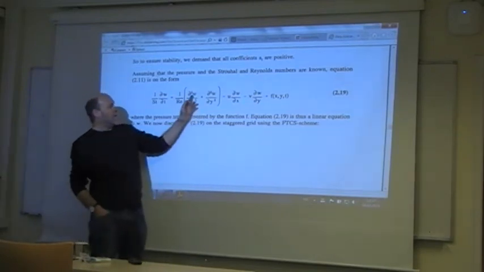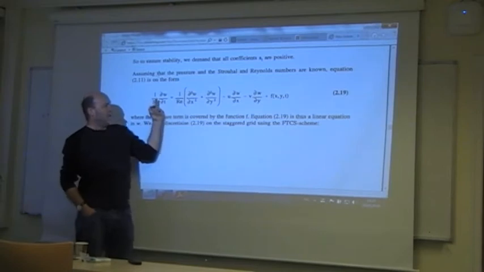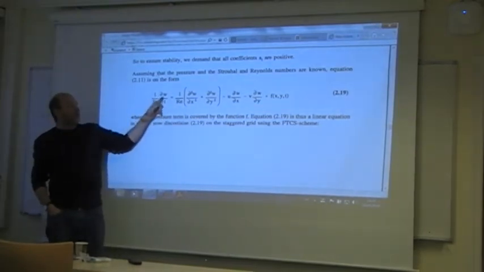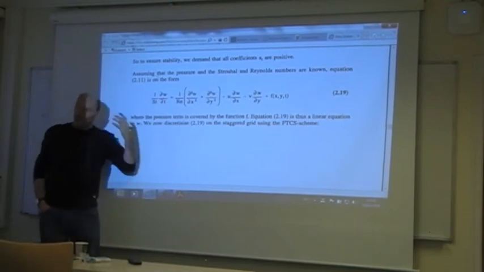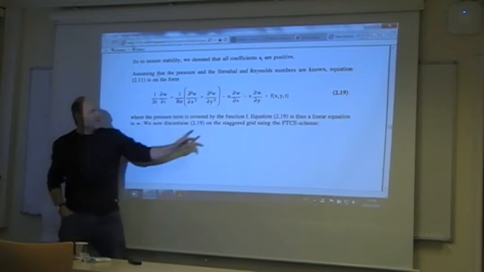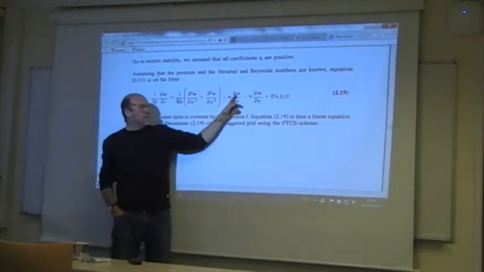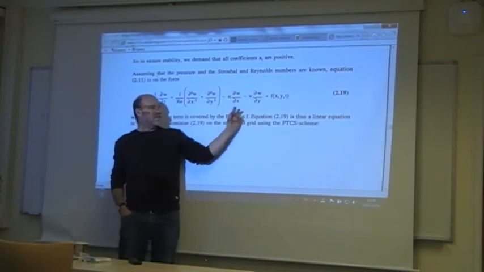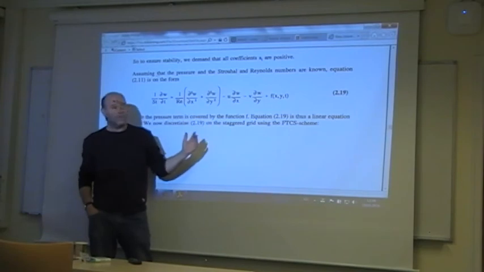So I say this is for a generic velocity component W, where now W should be either the velocity in the x direction or the y direction. But that means W should either be U or V. But then these convective terms will be nonlinear. I can't have that. I have to linearize them.